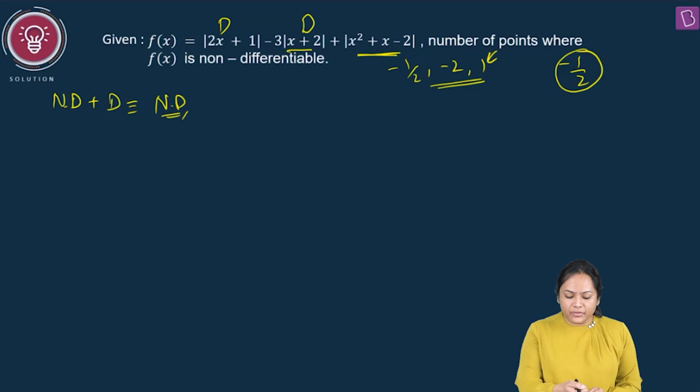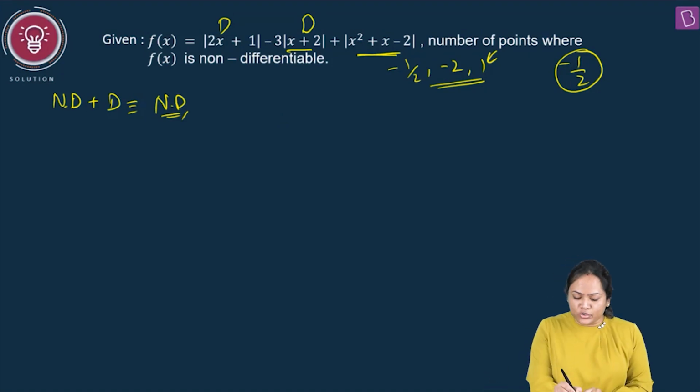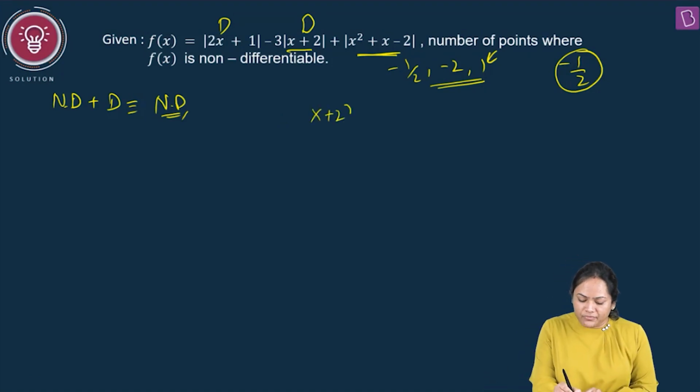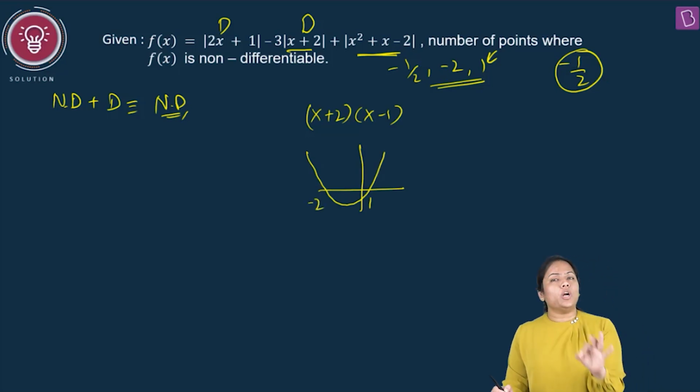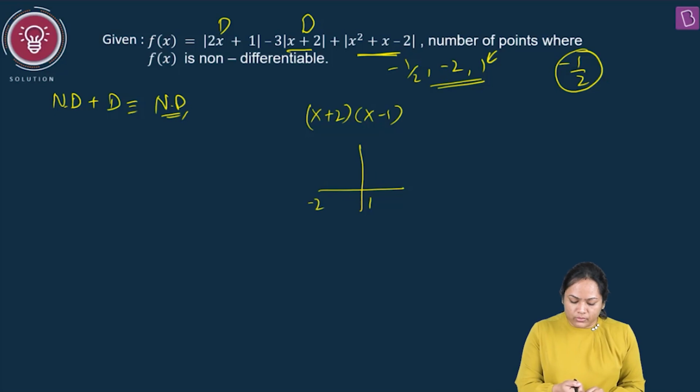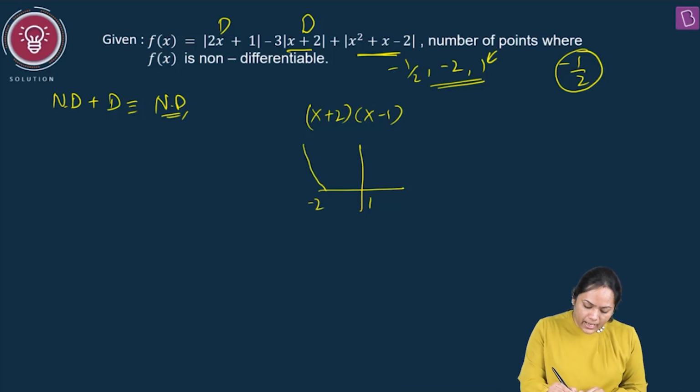If I have, let us say, the graph of the quadratic, we know the quadratic has factors x plus 2 and x minus 1. So the roots will be minus 2 and 1, somewhat like this, right? And when I plot the graph of its modulus, I have a graph like this, isn't it?